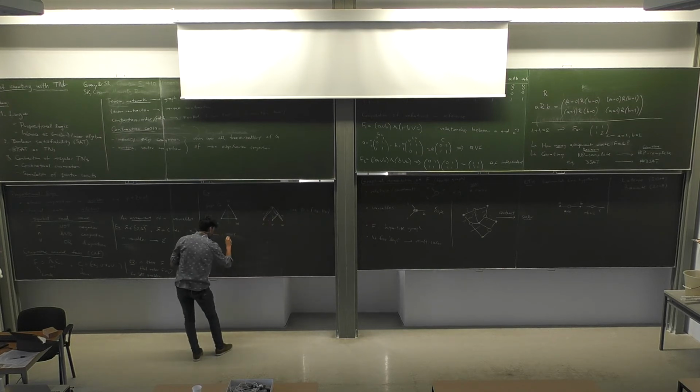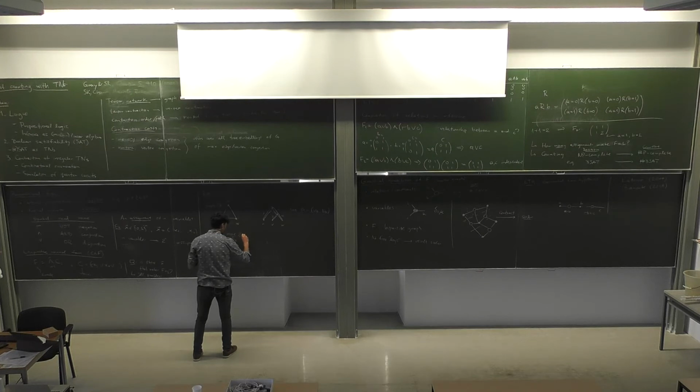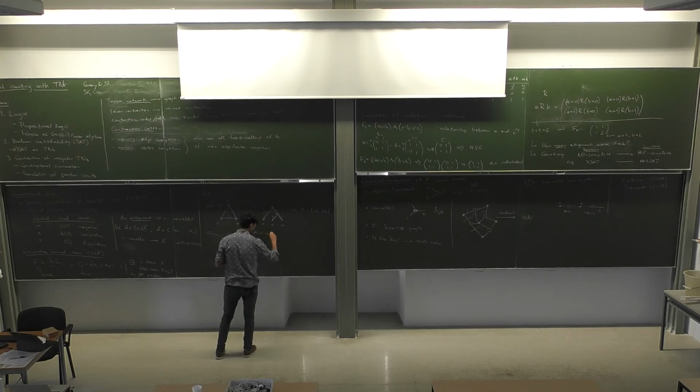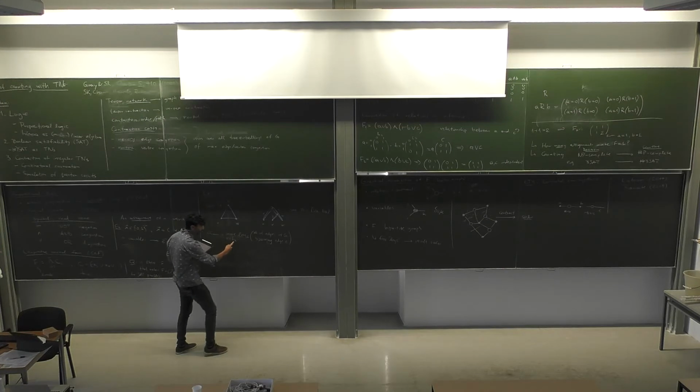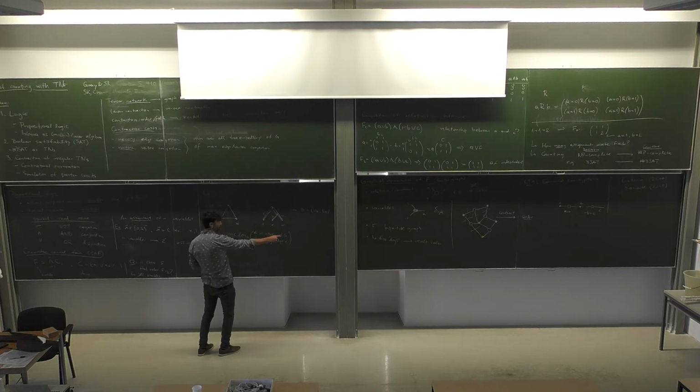So I maximize over the edge set the log 2 of the number of edges of G spanning edge E. So here the edge is the edge of the tree, and the edges that span this edge are the edges of G, my graph.